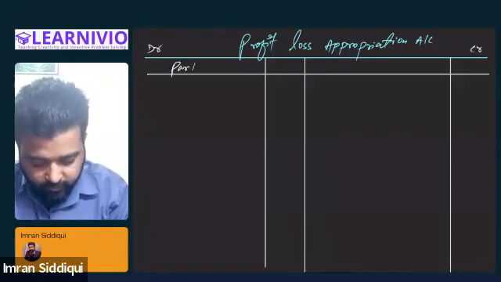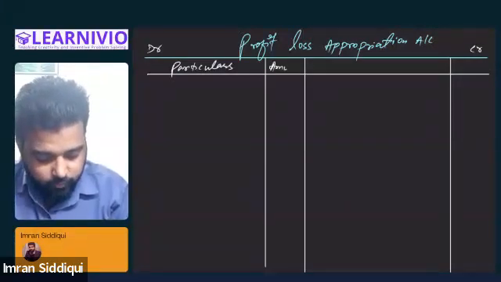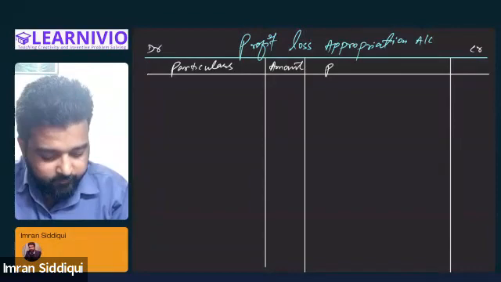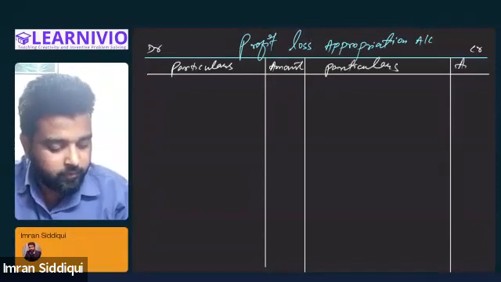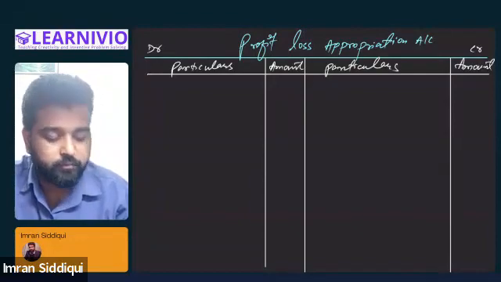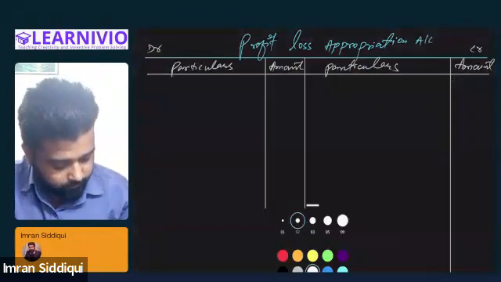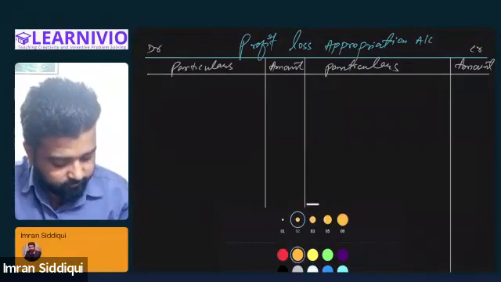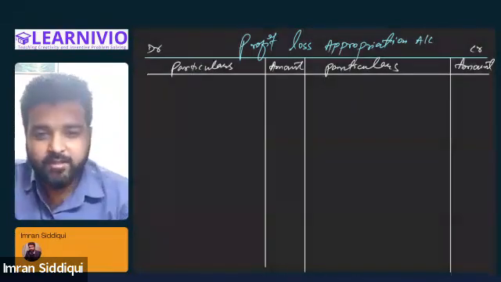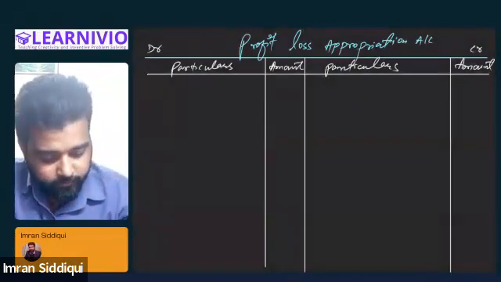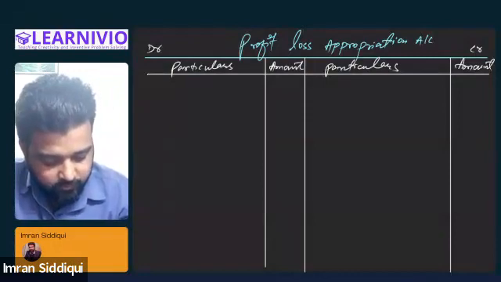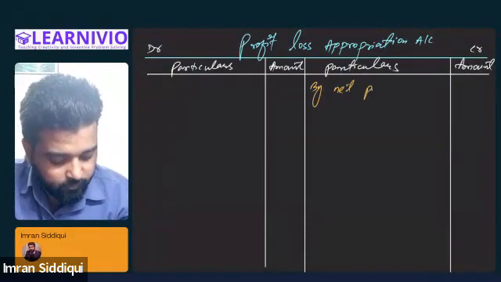And as usual, we have a column for particulars, then amount, again particulars, and amount. All right. Now, first of all, what do we record on the credit side? The first item to be recorded is the net profit.